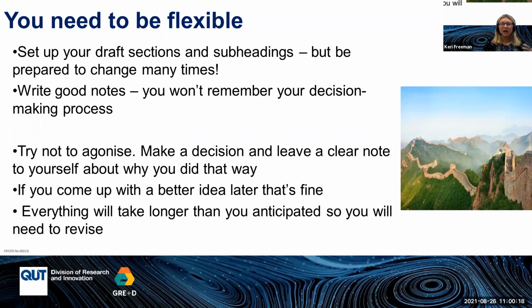That's my subheading, and later on, you can change it, okay? Don't worry too much until you start to get that feedback, and then you can make another decision based on the feedback or better ideas that you come up with. Plan A might be something, and then plan B will be better, plan C will be better again. Don't forget, everything's going to take longer than you thought, so anticipate that in your planning.